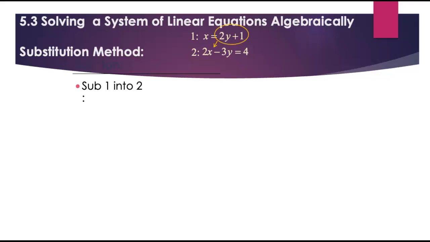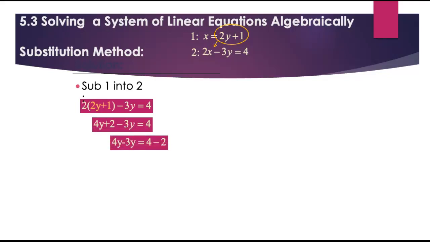So we're going to take 2y plus 1, since that is another name for x, and substitute it into the second equation. So we end up with 2 times (2y plus 1) minus 3y equals 4. And then we just simplify this to solve for y, combine like terms, and we find our solution for y is 2.